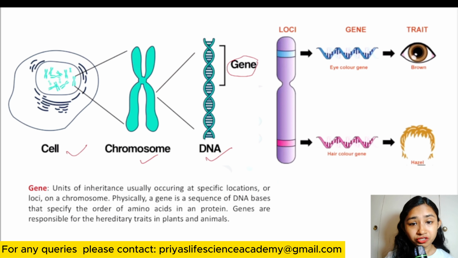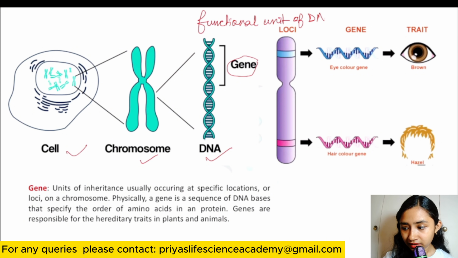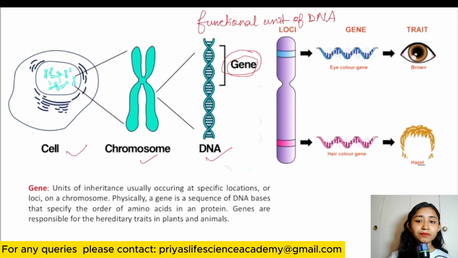What is a gene? The gene is the functional unit of DNA. This is the main important thing that we inherit. That is why we look similar. So inside the cell there are chromosomes, inside the chromosomes there is DNA, and the functional unit of DNA is the gene that we inherit from our parents.